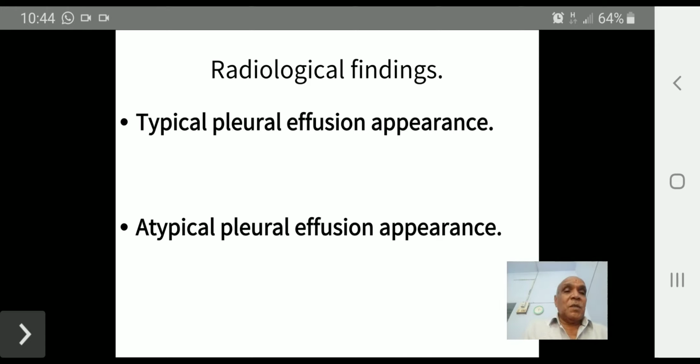Now the atypical effusion, it may be encysted effusion, it may be fissure effusion, it may be infrapulmonary effusion. You see the X-ray. In the X-ray, we will see the right dome of diaphragm is elevated.